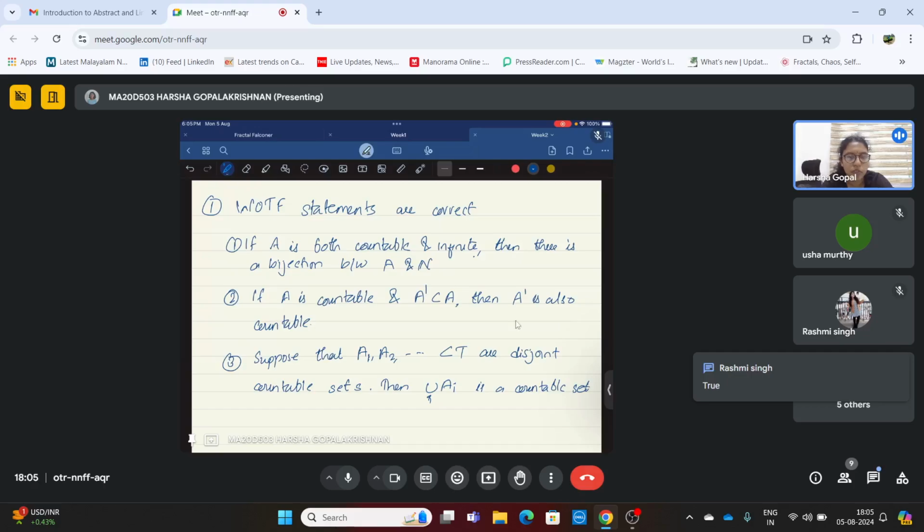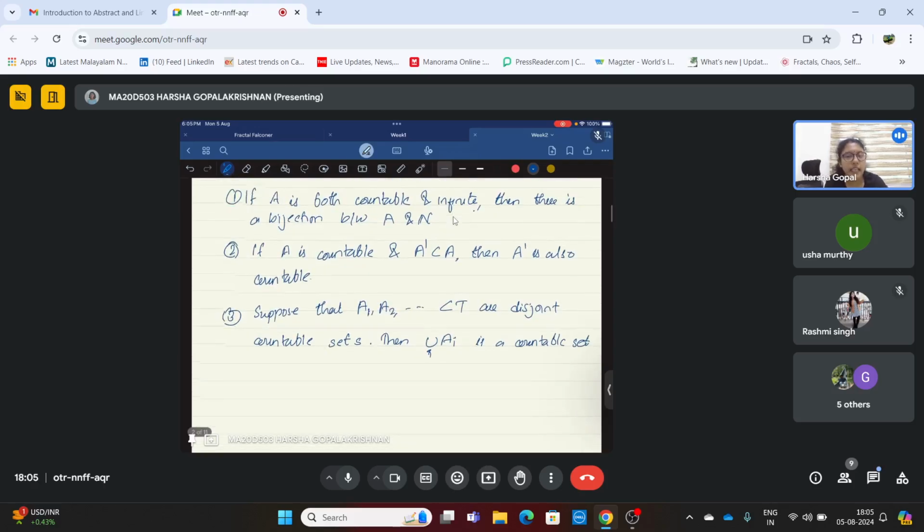Yeah, it is true. Actually, we will see what countable means and what infinite means. Then we will see why it is the correct one. Given that A is countable and infinite. Countable means, as we have already seen in the class, either finite or denumerable.